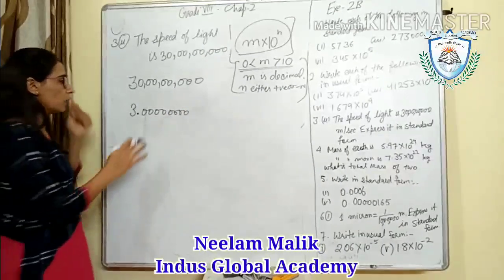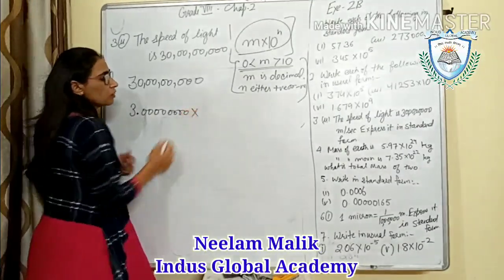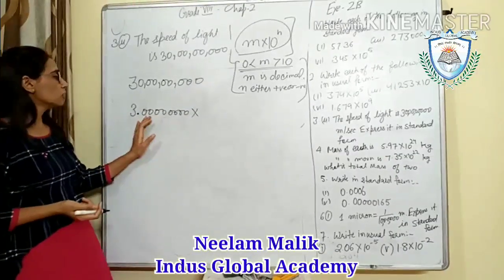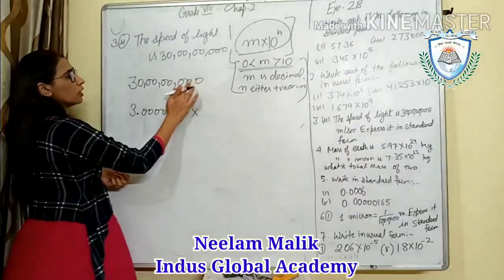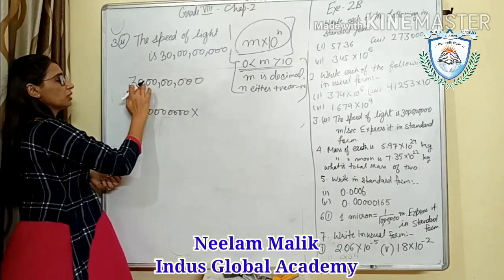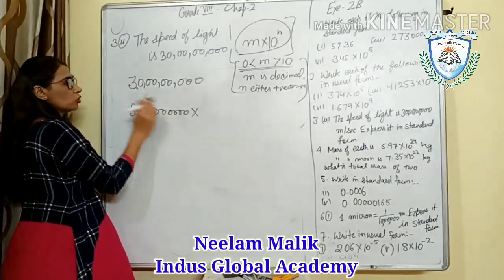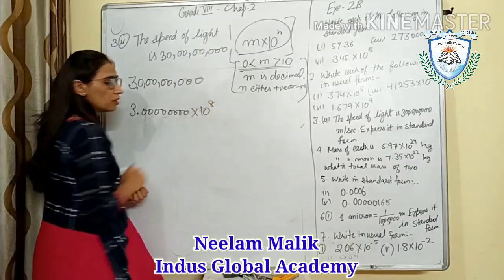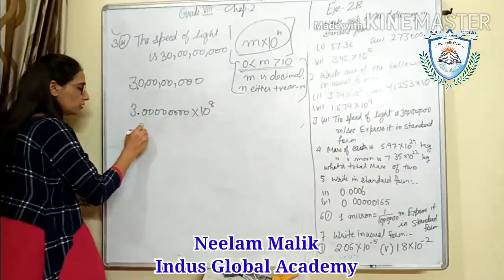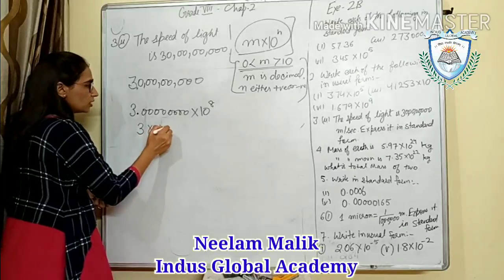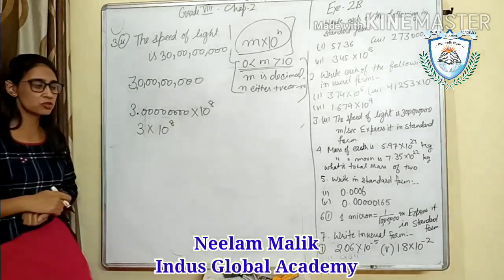Now if we shift the decimal point here, how many zeros are there? 1, 2, 3, 4, 5, 6, 7, 8, and now our point is here, so it will be multiplied by 10 raised to power 8. So you can write 3 into 10 raised to power 8.